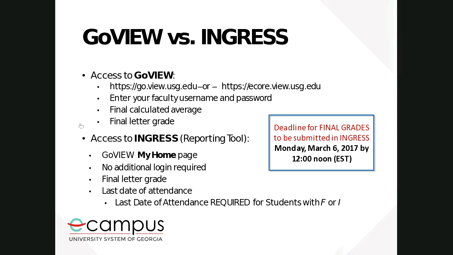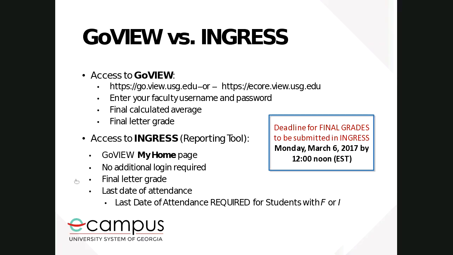Now, after you do that, that's when you're going to report your grade. So you're going to go to your home, not your course home, but your GoView homepage, and you're going to see a link there. And what you're going to do is report the final letter grade in what is called InGress.